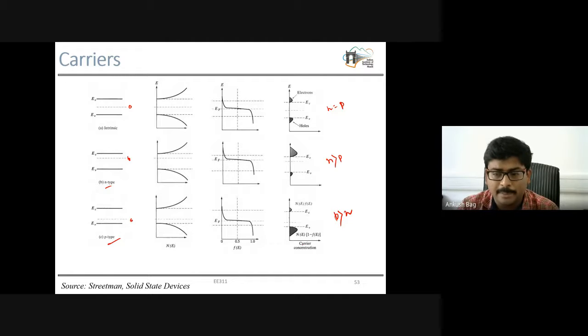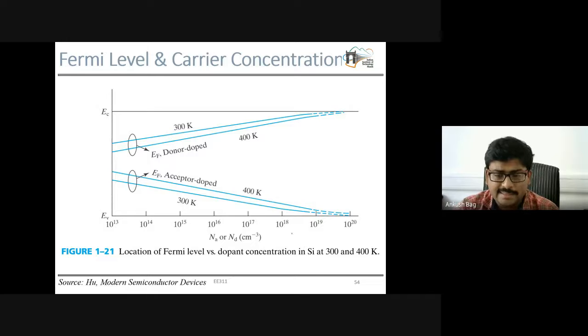So how it is coming in terms of Fermi-Dirac distribution and density of states. So again, this is the variation of your Fermi level when we keep on increasing the doping concentration. Because we have just understood that the lower the distance between your Fermi level and the conduction band bottom, the higher will be the electron concentration.